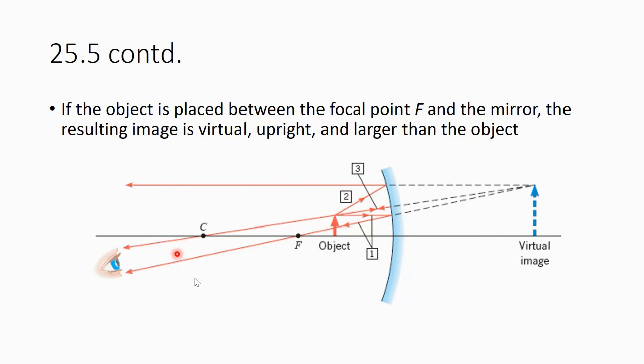But if you look on the left here, the reflected rays do not intersect. So we don't have a real image. So what we have to do is extend those reflections, and where those intersect, we have our virtual image. So in this case, we have a virtual image that is bigger. So that is if the object is between the focal point and the mirror.